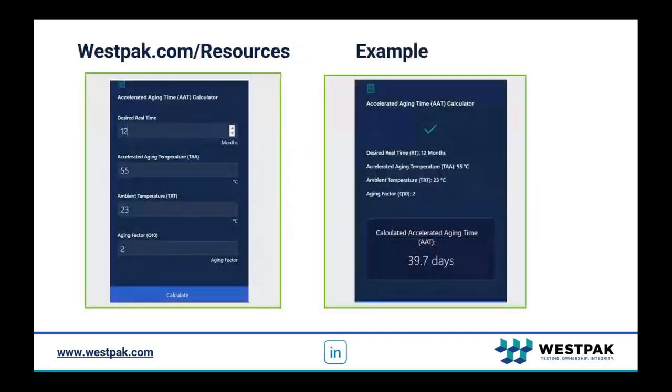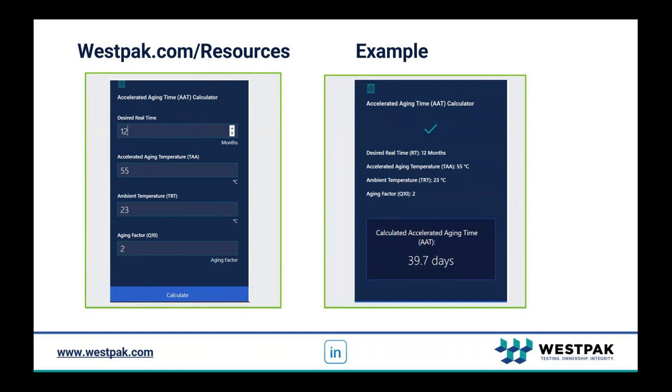So now Westpac has a calculator on our resources page on our website that will walk this through. So if you want to do 12-month real time and you're accelerated aging at 55 degrees C, and you want to do an ambient temperature of 23 degrees C, so we're going middle of the road for both of those, and we allow you to adjust the Q10 factor, so you can put whatever Q10 factor in there if you know a different one that you want to use, but we pre-populate it with a 2, and then you hit the calculate button.